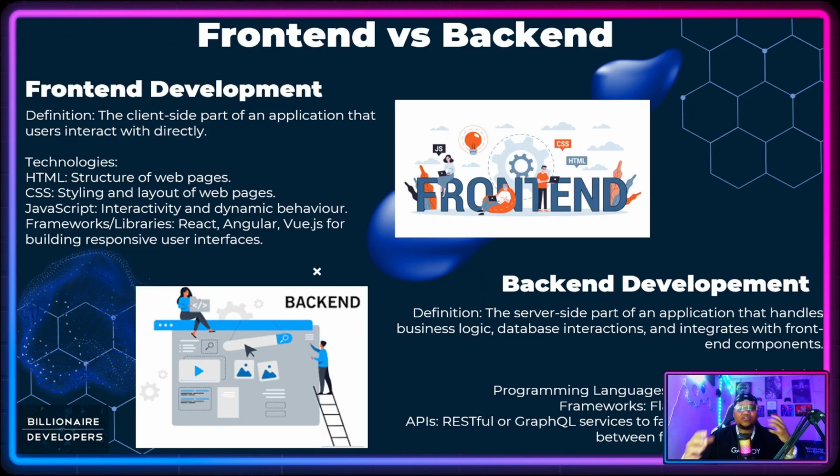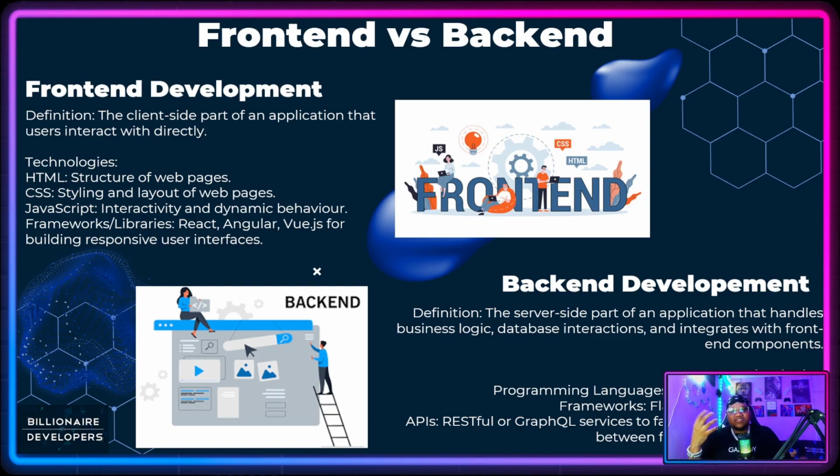But if you're still confused, let me break it down even further for you guys. What is the difference between a front end and a back end engineer? Front end basically means that you're working with the client side, right? Client side just means the things that you see on your screen: the buttons, the pictures, the gallery, all the fancy stuff that you see on the application or the website.